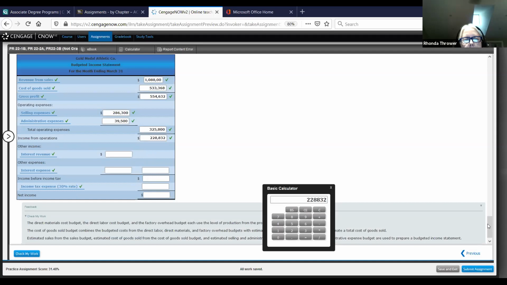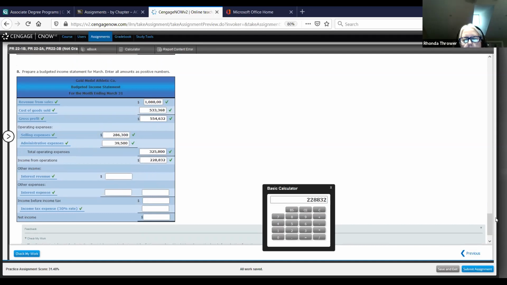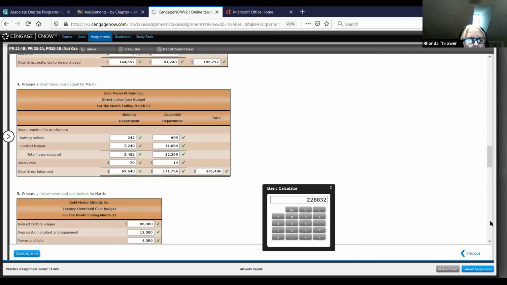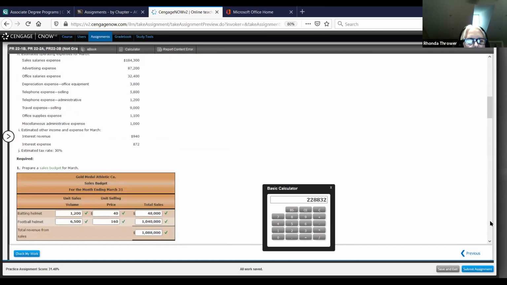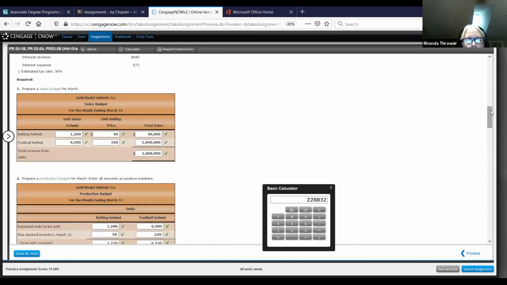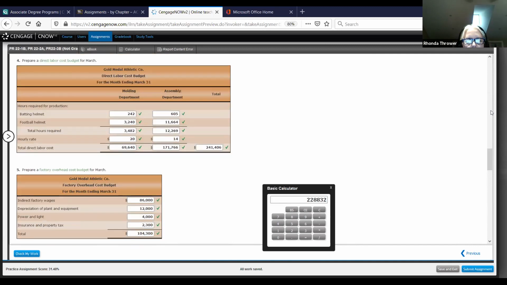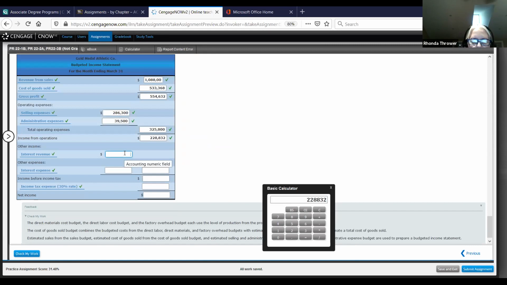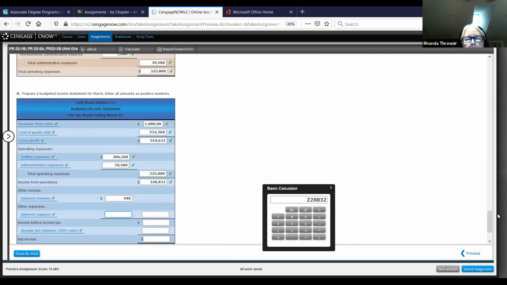And then I'm going to look for my other income, which is interest revenue. My other income was given, my interest revenue is $940. My interest expense was also given.